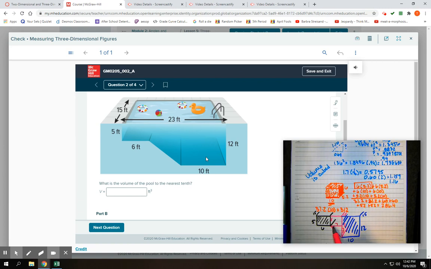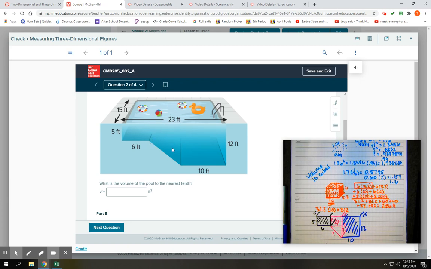So this triangle is 7 by 7. This square is 5 by 7. So we're going to have the 5 by 7 going back 15, and a 7 by 7 going back 15. Let's do the area of the square first. 5 times 7 is 35, so 35 times 15 is 525 for this top part right here.